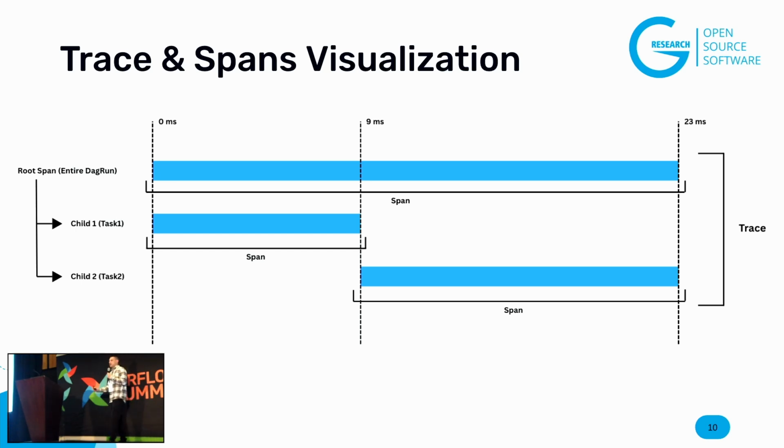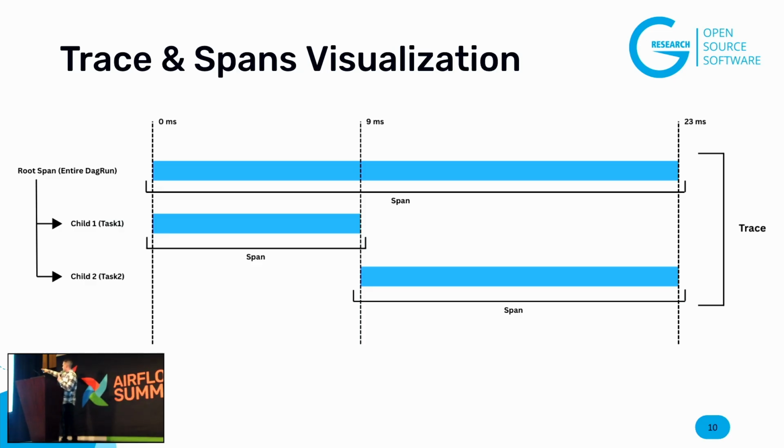Now, this is what the common visualization backends show for traces and spans. This is how they depict them. So everything is organized in a tree view with parent-child relationships, and we have a root span which shows us the entire DAG run. And if you can see all these individual spans, all the blue lines are spans.